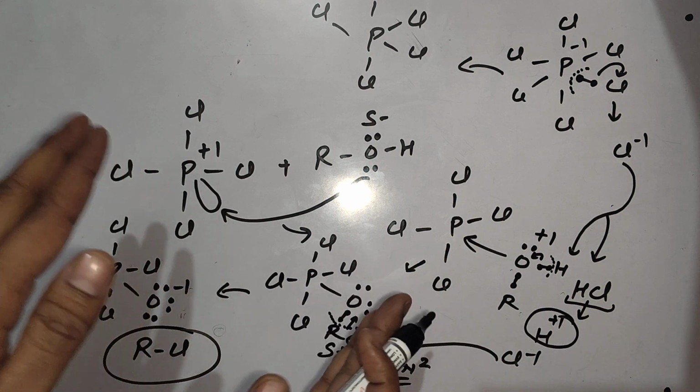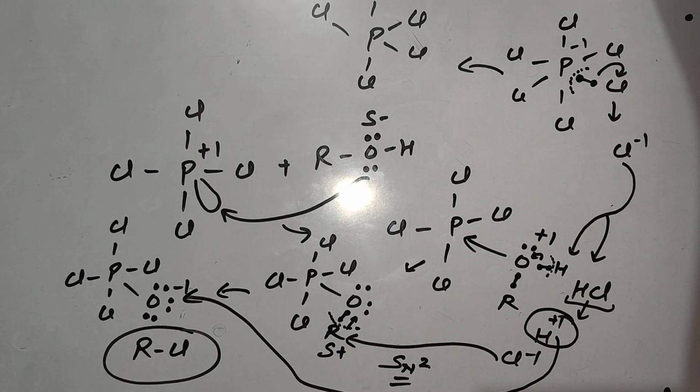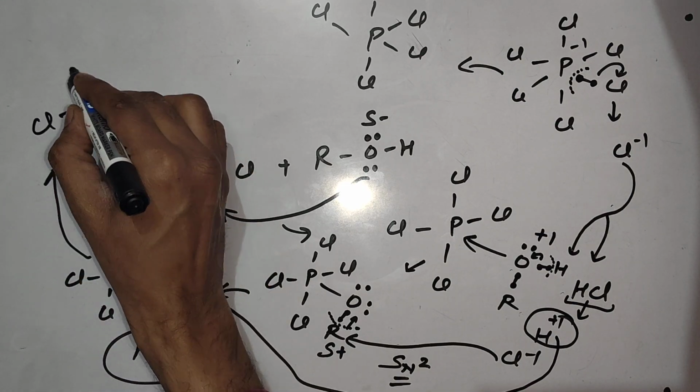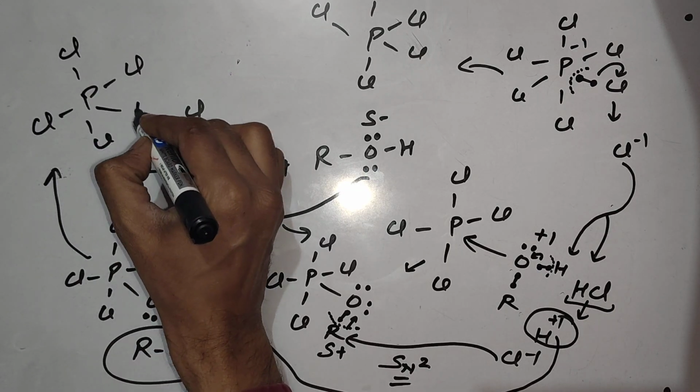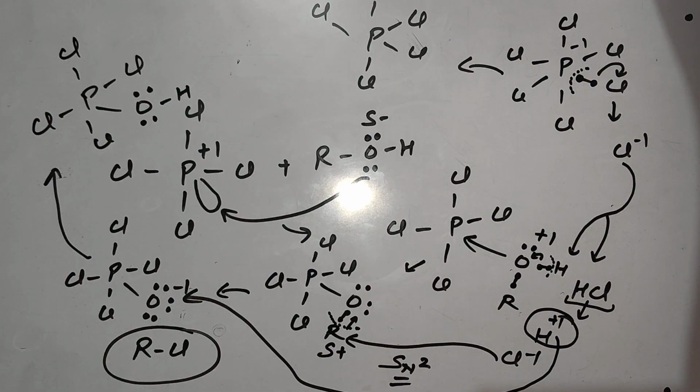In the previous video also, with PCl3 we did the same mechanism. So the same will happen. H positive will attack on this oxygen and we will have OH. This one molecule of RCl will be ready over there.